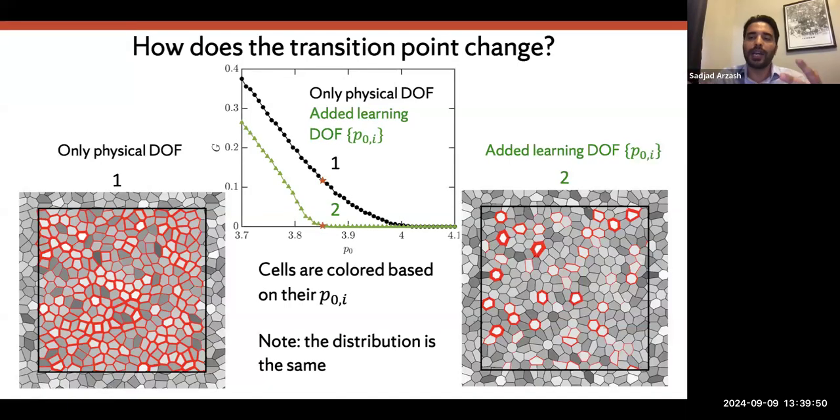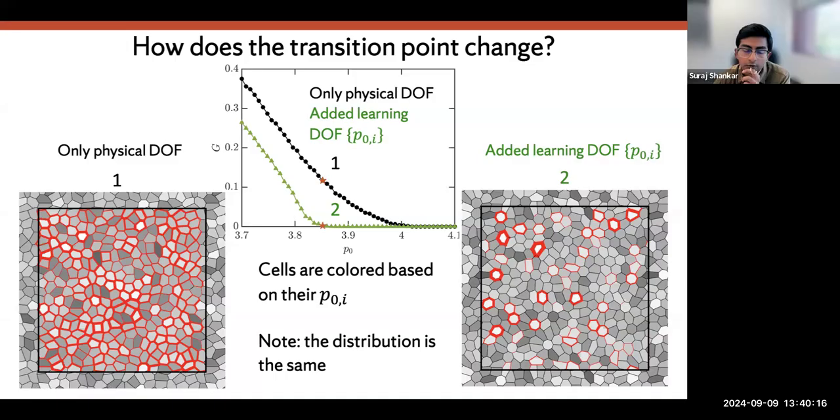So although they have a different spatial distribution of these P0 values, still the system is rigid with a lower shear modulus. So it's not always going to basically fluidize. So there is a region, right? There is a region where I can actually fluidize the system if I start with a distribution close to that.